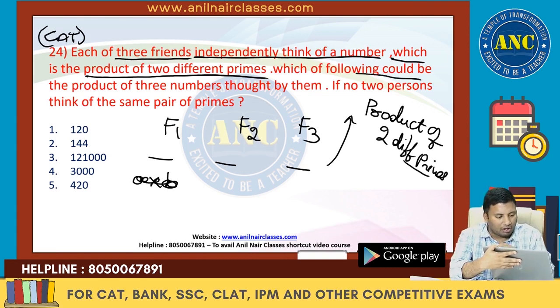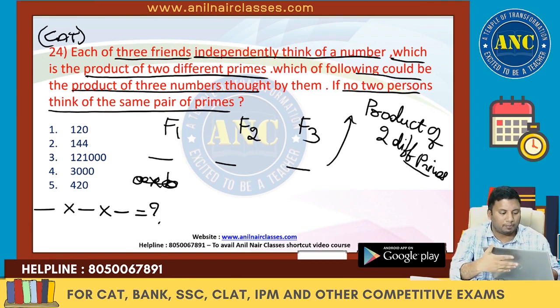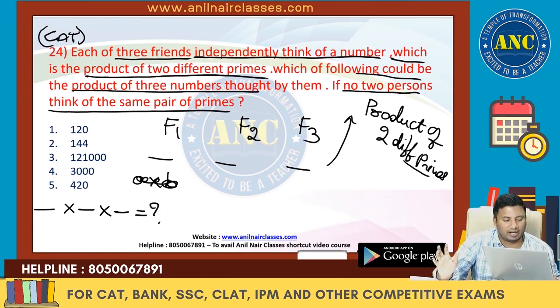Which of the following could be the product of the 3 numbers, if no 2 people think of the same pair of numbers?